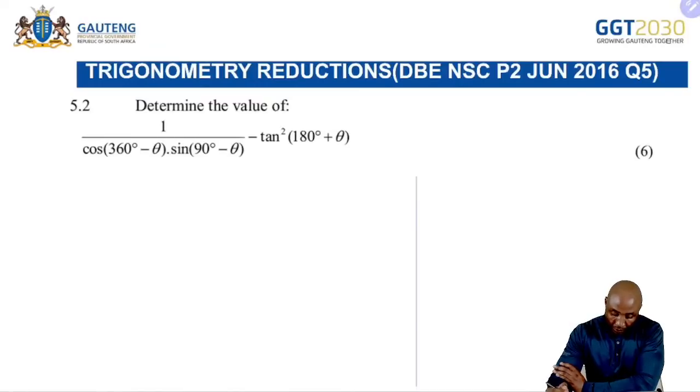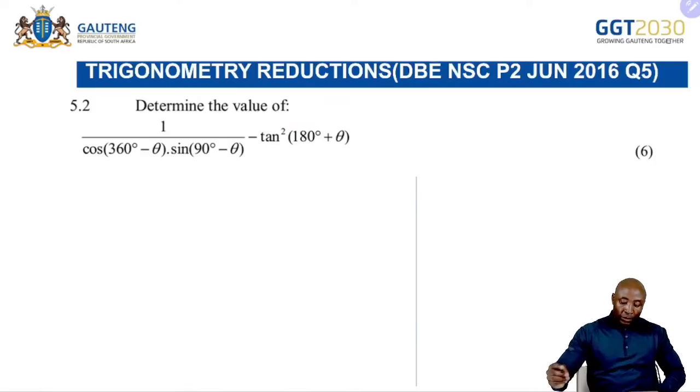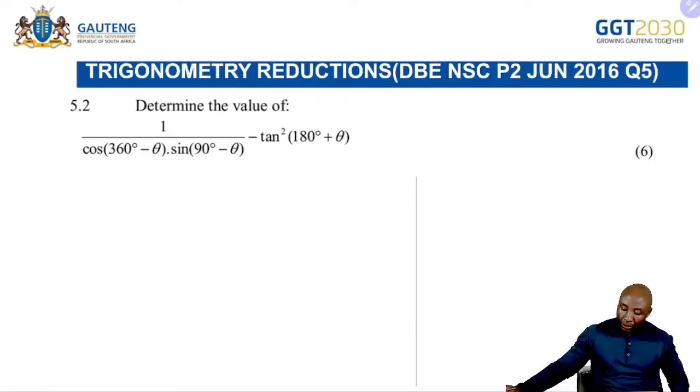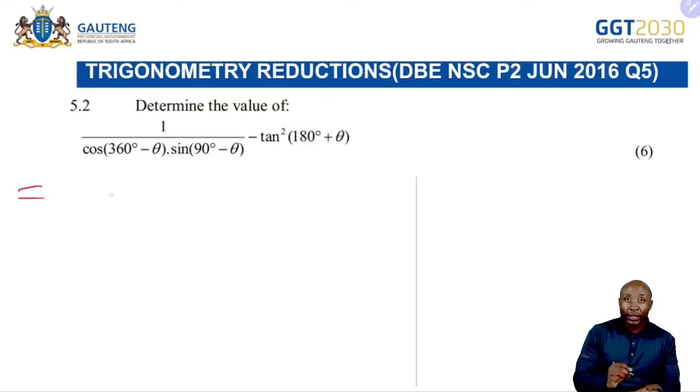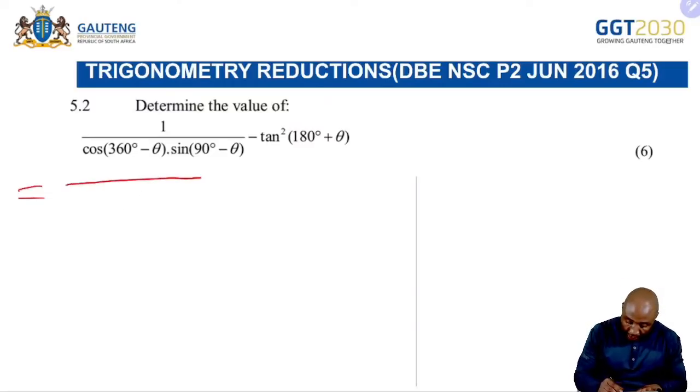Now, reductions. Determine the value of 1 over. We are supposed to use our identities to reduce this. So, let's do the reduction. Cos of 360 minus theta is in the fourth quadrant, and we know that cos in the fourth quadrant is positive.